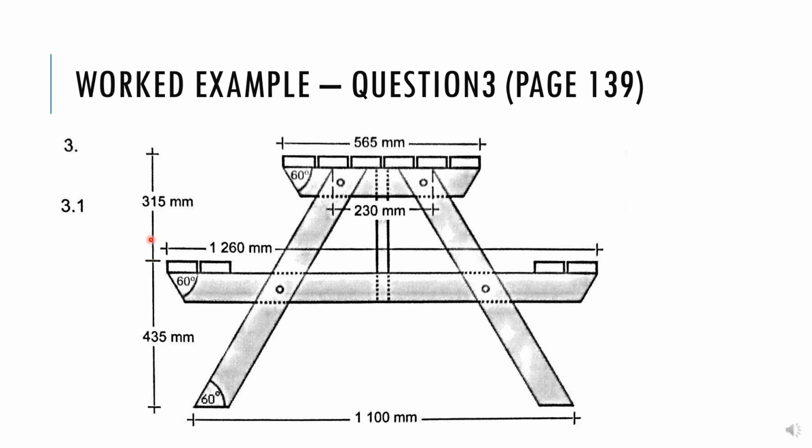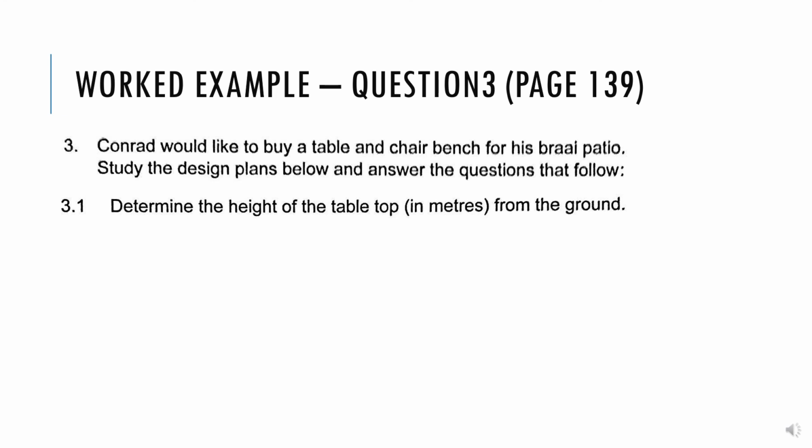And then the height from the bench to the top of the table is 315 millimeters. So we would simply have to add those two dimensions together to get 750 millimeters. But we need to convert that to meters, right? So 750 millimeters is the equivalent of 0,75 meters, right? I'm going to divide by 1,000 there. The conversion factor is 1,000.